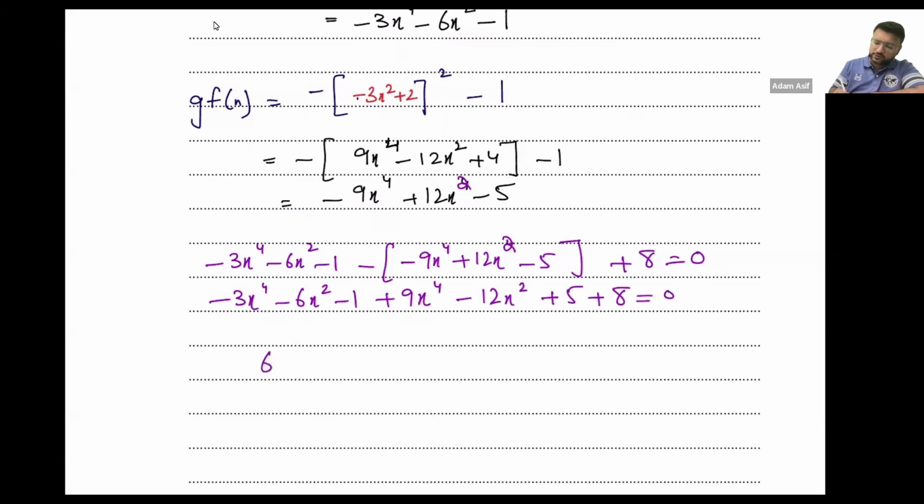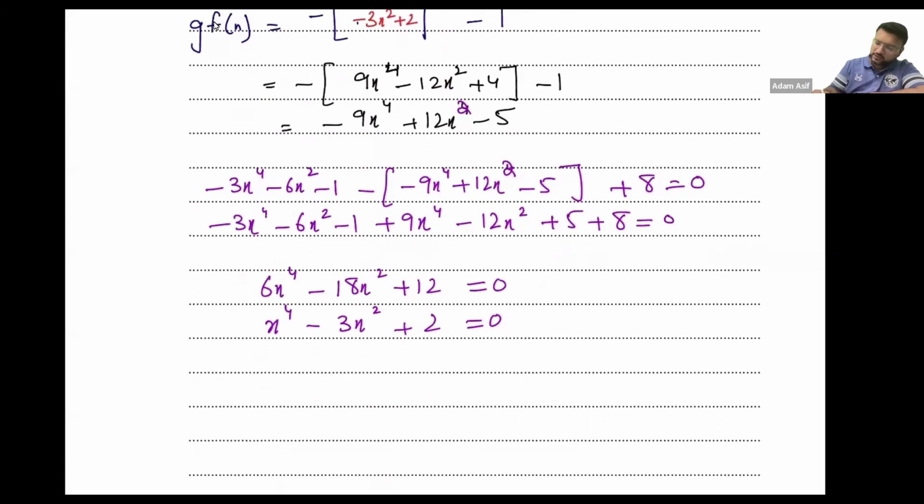Simplify this. Minus 18x square plus 12 equals 0. Can this be further simplified? Yes, you divide by 6. So x to the power 4 minus 3x square plus 2 equals 0. Is this a quadratic equation? Yes. So let k equal x square.